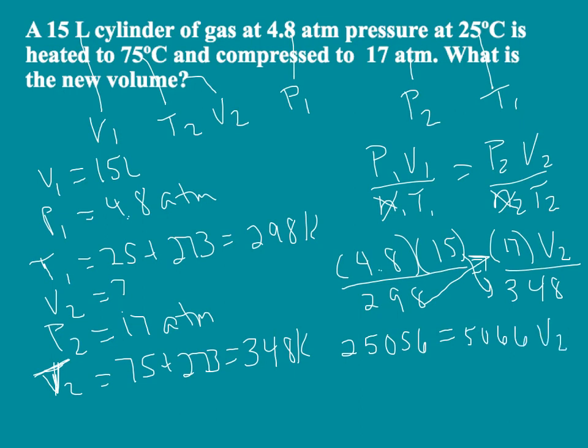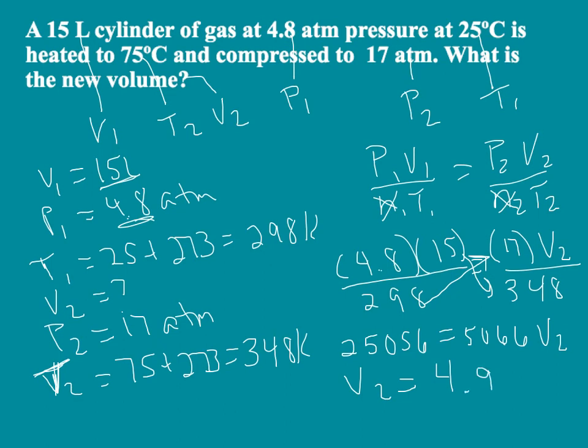We're going to divide by the 5,066 to solve for V, and V2 is equal to 4.945, but this time we need to look. We only need 2 sig figs, so it's going to be round to 4.9.